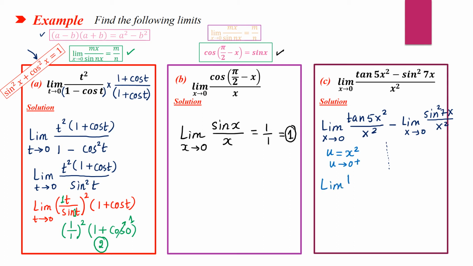So our limit will be the limit of tan 5u divided by u when u goes to 0 from the right. And the second limit we can rewrite as the limit of sine 7x divided by x, all squared, when x goes to 0.